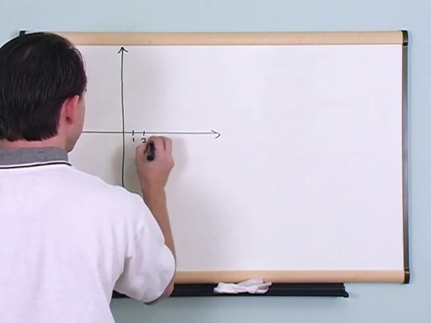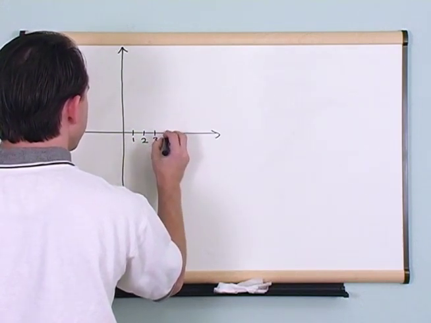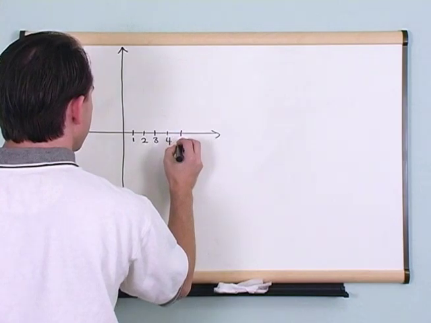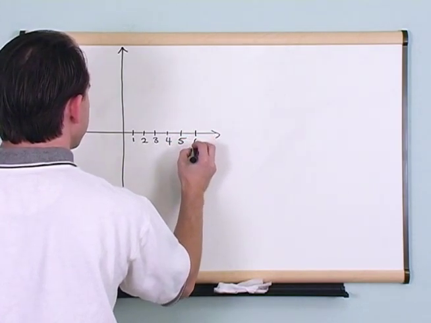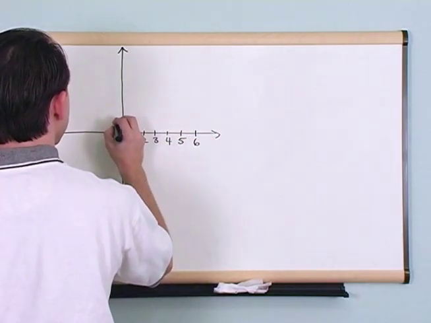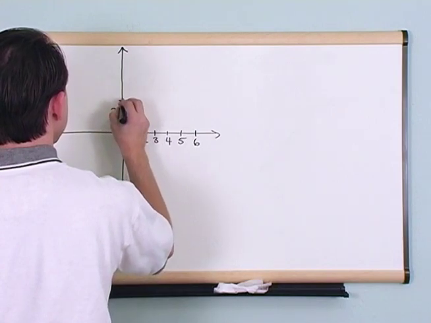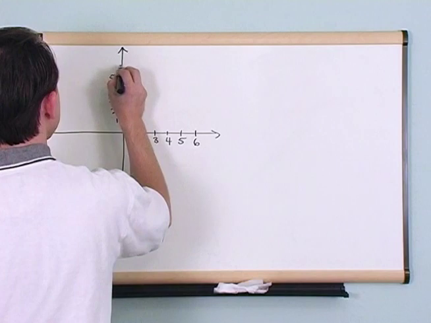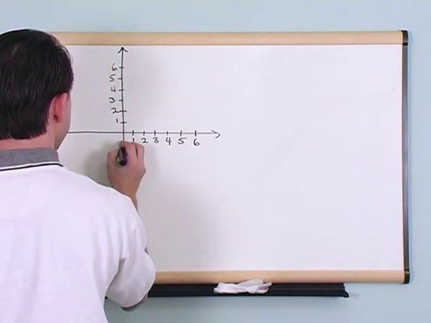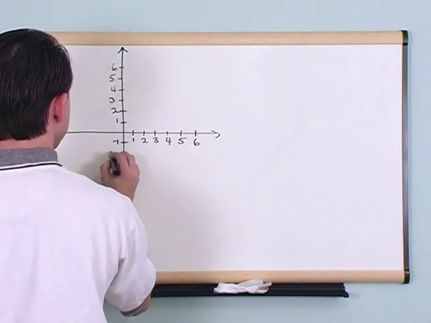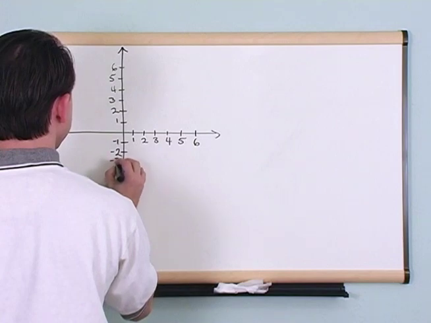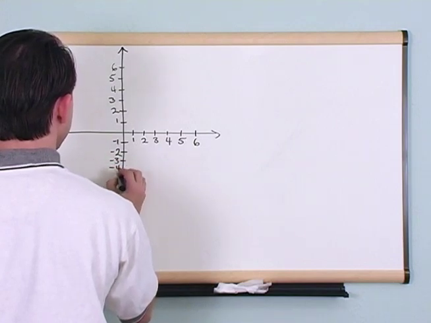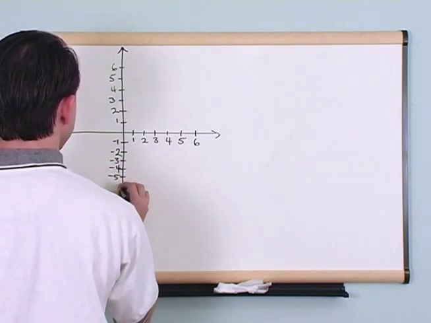1, 2, 3, 4, 5, 6, 1, 2, 3, 4, 5, 6, -1, -2, -3, -4, -5.